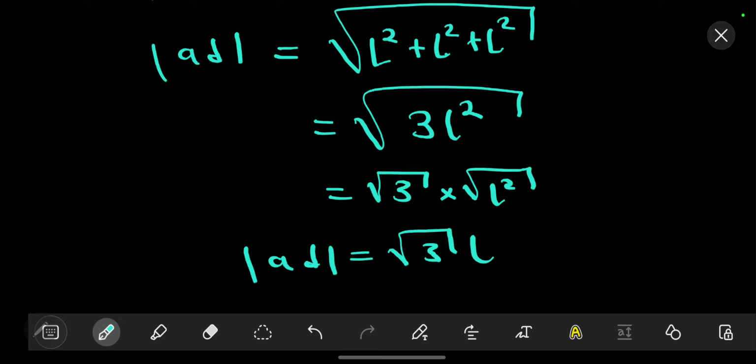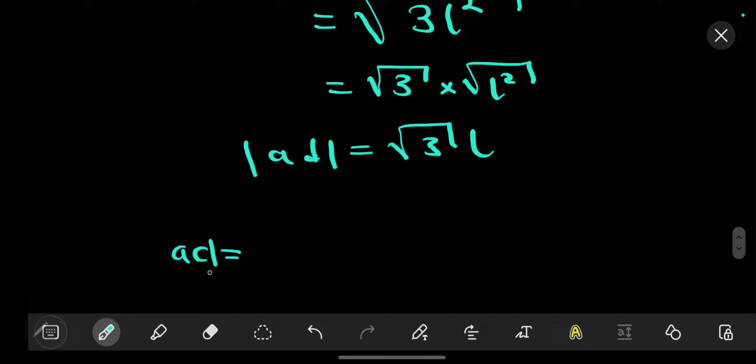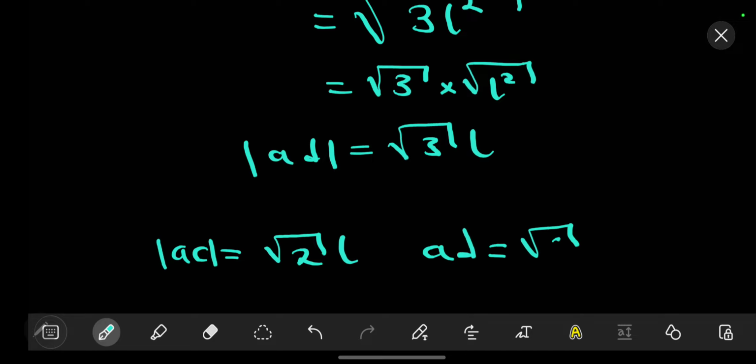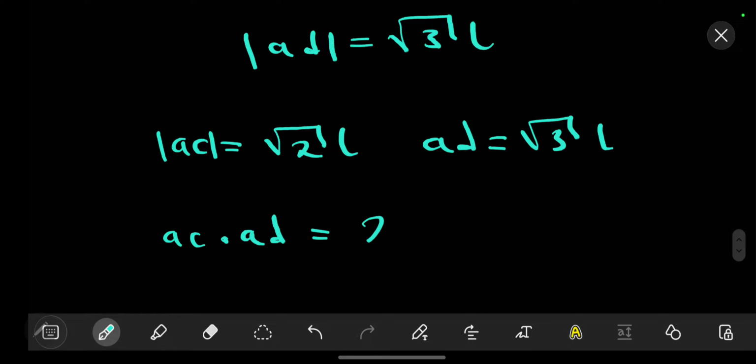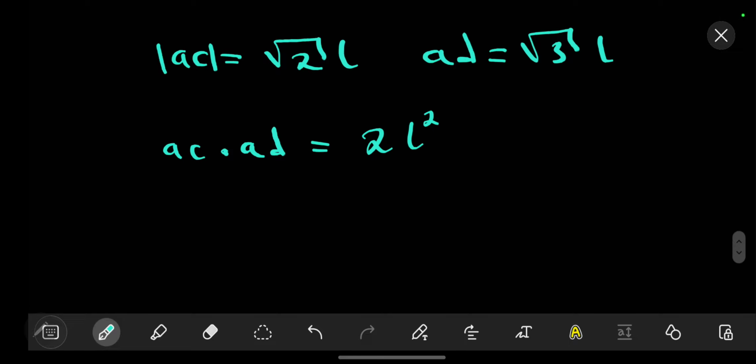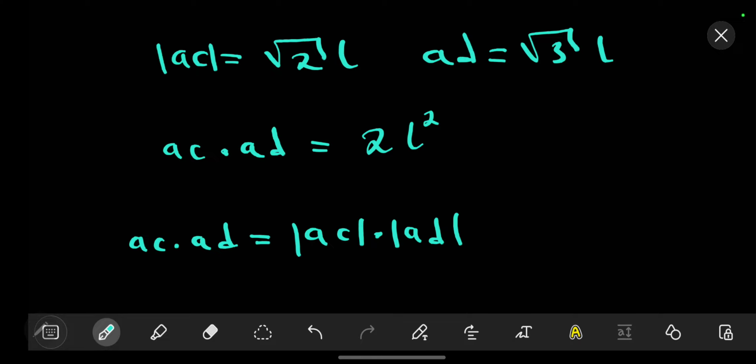So we know that the magnitude of AC should be equal to the square root of 2 times L. The magnitude of AD is equal to the square root of 3 times L. So now we know the dot product AC dot AD gave us 2L squared, like that. So we can now find the angle. So we can say AC dot AD should be equal to the magnitude of AC times the magnitude of AD times the cosine of theta.